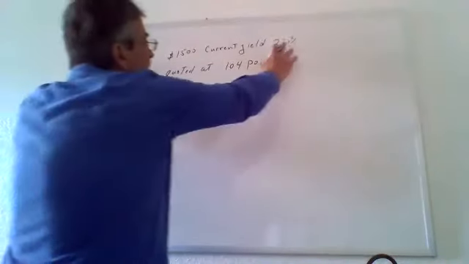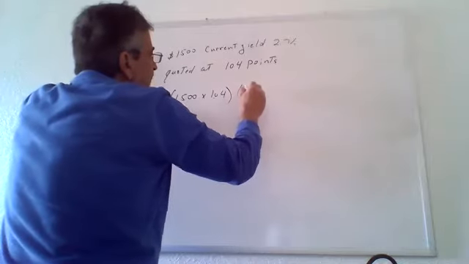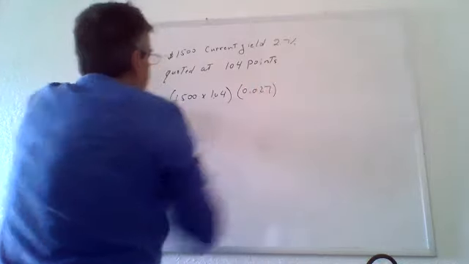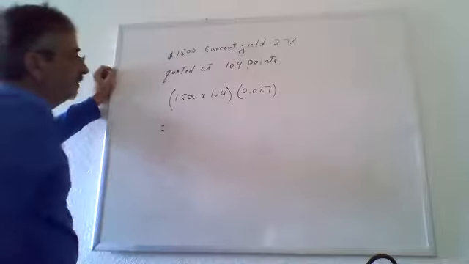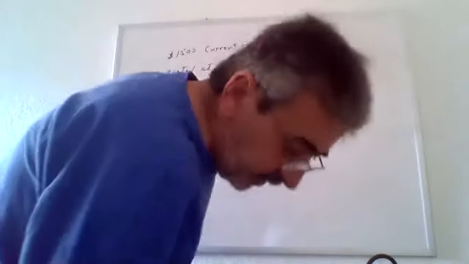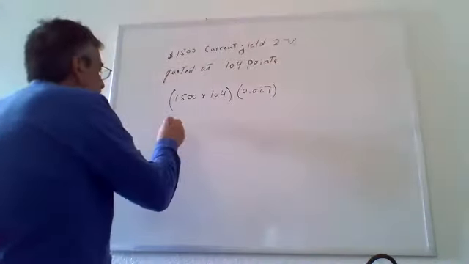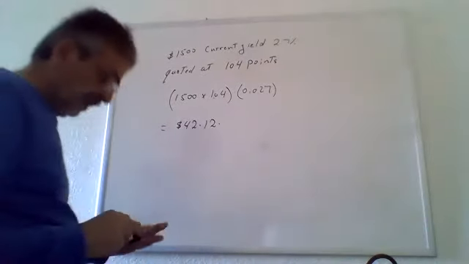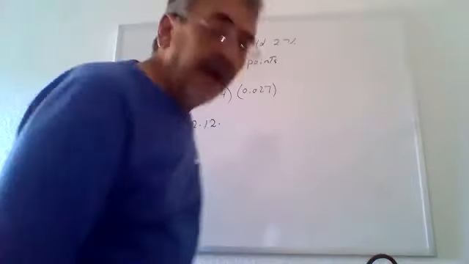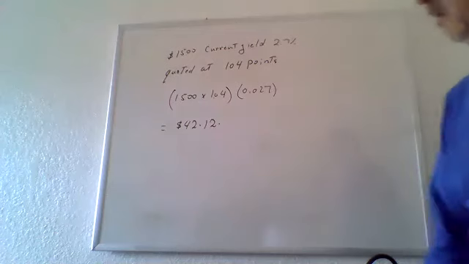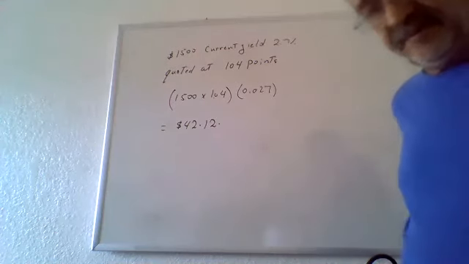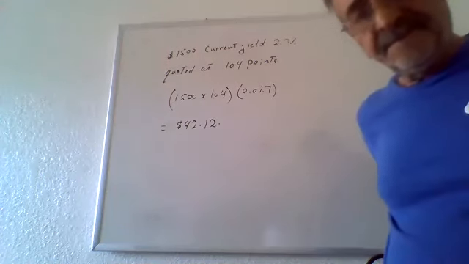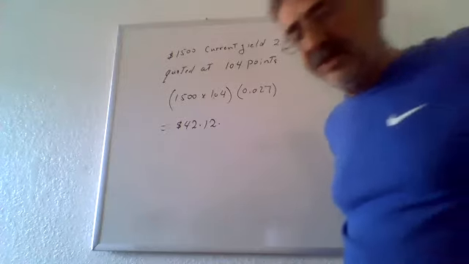And we're getting how much interest? Times 0.027. So you multiply all of these numbers and you should end up with $42.12. So that would be the annual interest for this particular scenario. Any questions? No questions? All good.